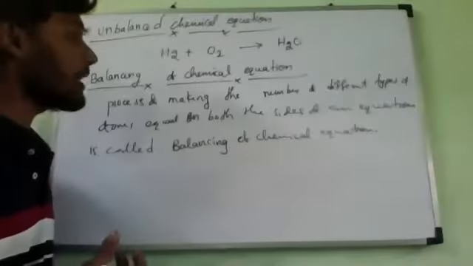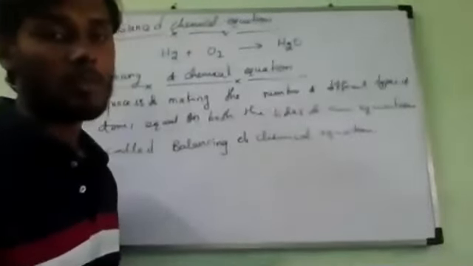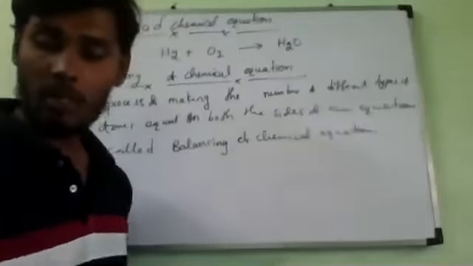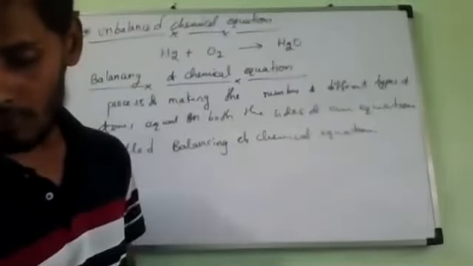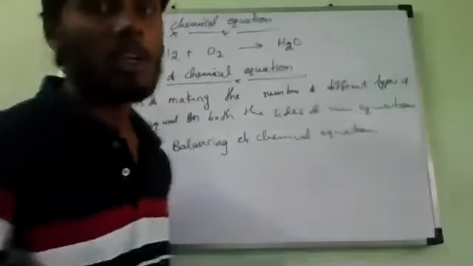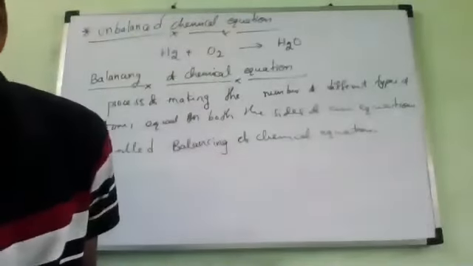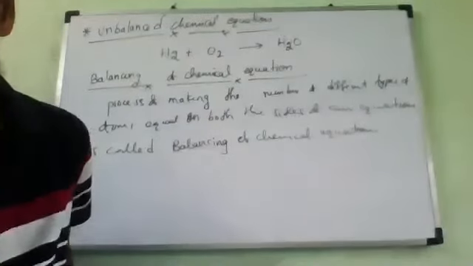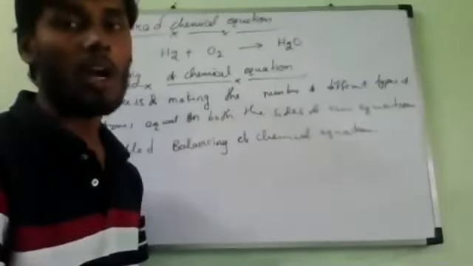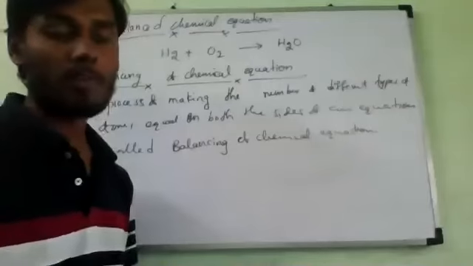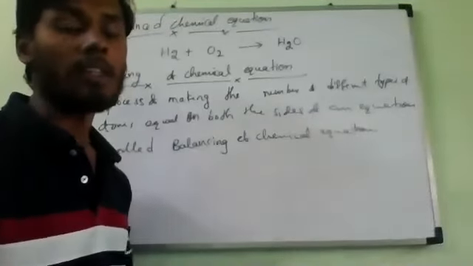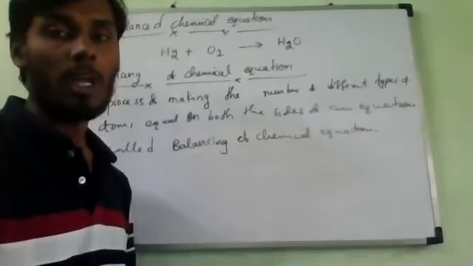All right, I will say: the process of making the number of different types of atoms equal on both the sides of an equation is called balancing of equation.